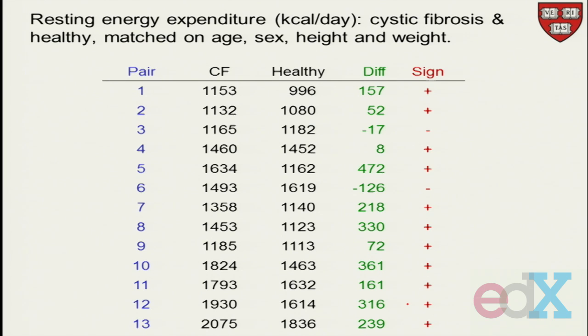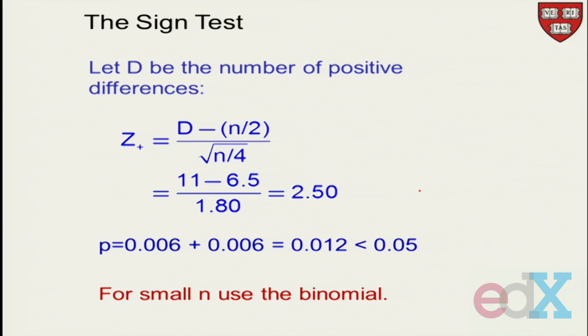And if we test our hypothesis that this difference is just as likely to be positive as negative, in other words, that the median is 0, then we can ask the question, how often do you do a study with 13 signs and get only 2 negatives? Okay, so that is what is called the sign test.